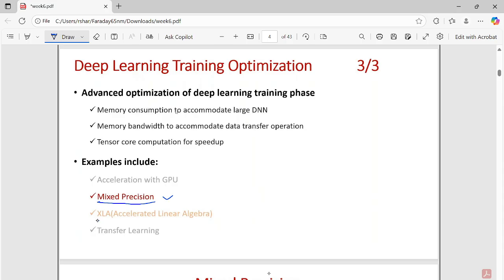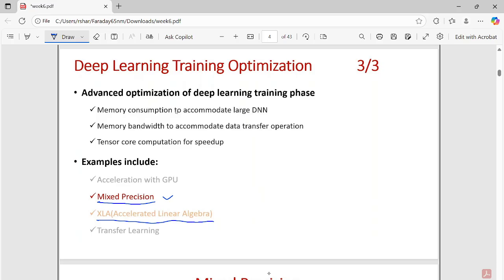Next we have XLA, Accelerated Linear Algebra. It is a compiler for linear algebra operations developed by Google that optimizes TensorFlow computation and also other computation like JAX by fusing operations and generating highly efficient machine code. How it works is it takes the computational graph and compiles it into optimized kernels, and then the overhead required by kernel launches is also reduced.